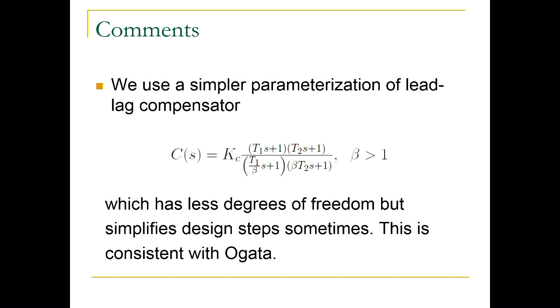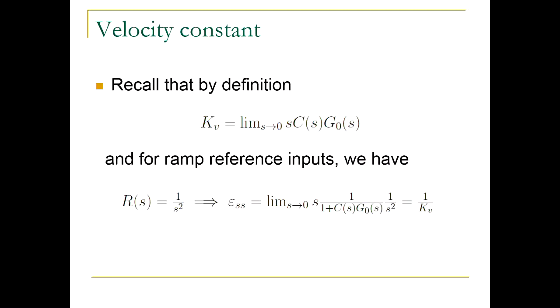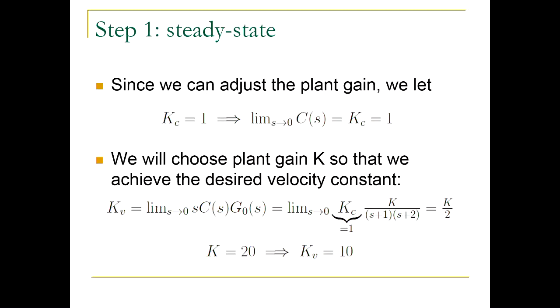So the only thing that's left is Kc, but we assume Kc is 1. That's why when we took these limits, everything from the compensator is just Kc, but that's 1 by assumption. Then what we are left with is just K over 2, as we let s go to 0. Everyone following?